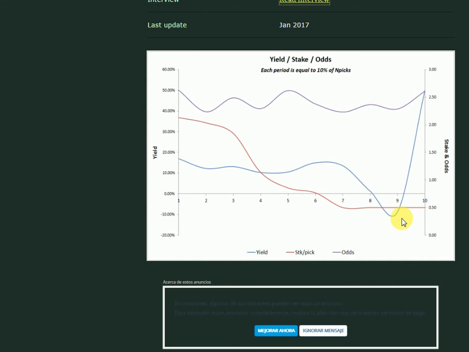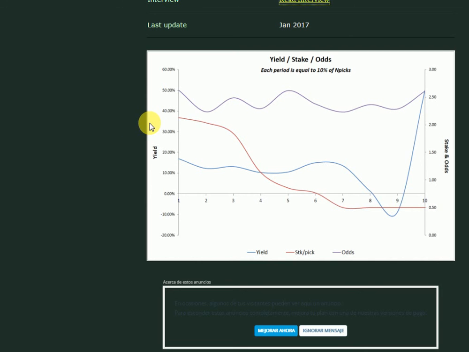But now he has recovered more than well, and in this 10th period his yield is over 50%. Then if we have a look at the odds curve, we see that it's really stable, ranging from 2.2 to about 2.6, with an average of 2.4. So in this sense it's really consistent.